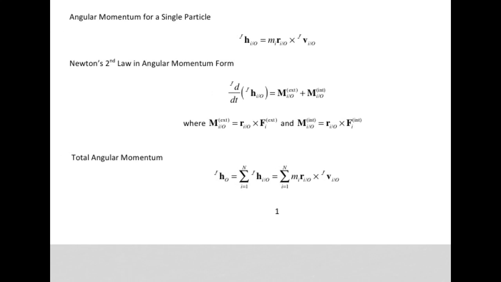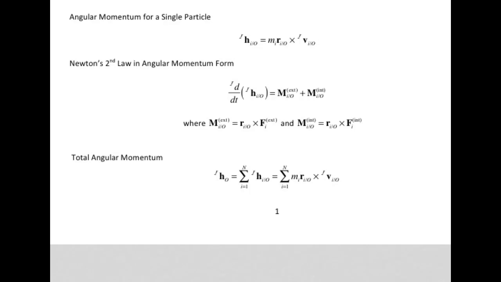These are defined as R cross F external and then R cross F internal. Then we can simply add all these up. We have our index notation, and so we add it up for a total of n particles, from 1 to n, for every single particle, to get H sub O, the total angular momentum as observed in an inertial reference frame.